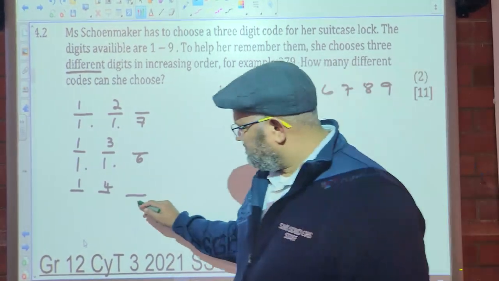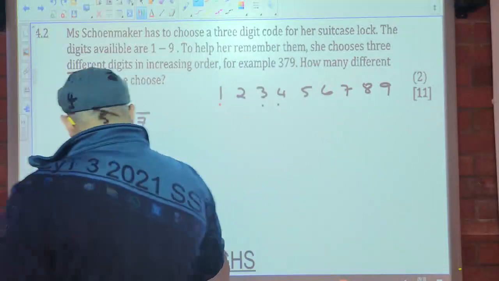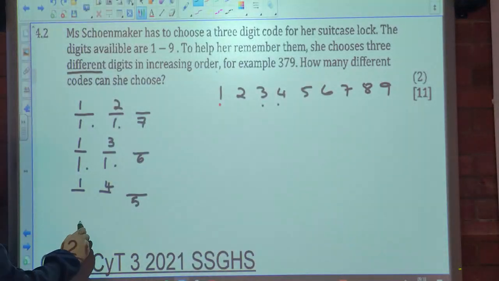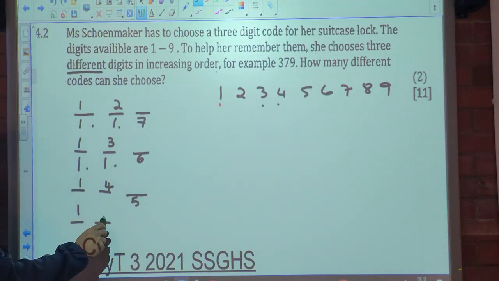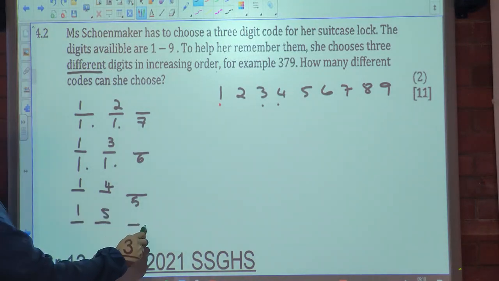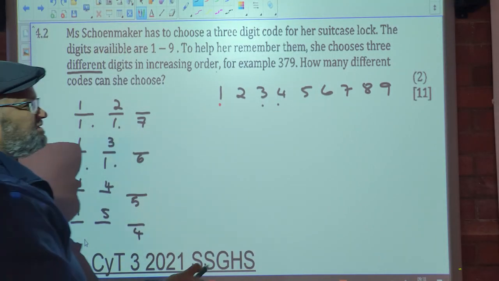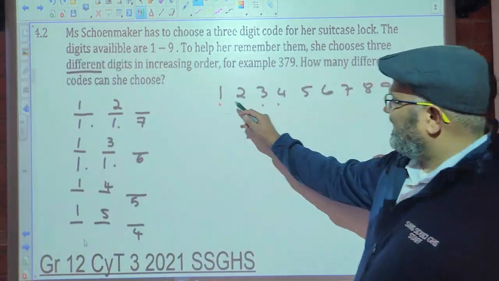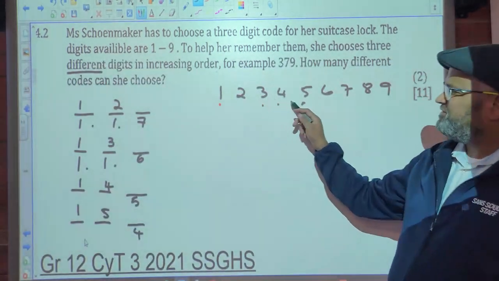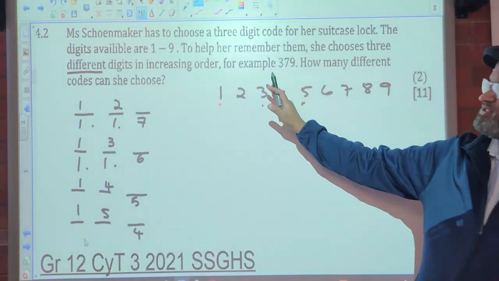5. So hang on, I'm getting a pattern here. So this could be a 1, 5. Without going any further, how many options would I have there? 4. Let's check. If it's 1, 5, then you can't use the smaller numbers, because it's ascending.